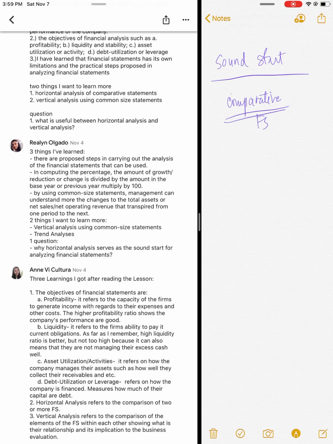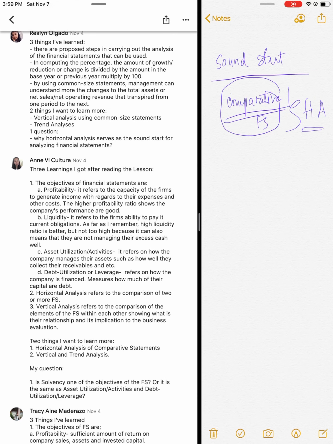Kung saan, since comparative nga yung pinag-uusapan natin, merong pwedeng pagkumparahin. At yung comparative FS na yun ina-analyze natin horizontally. Kaya, let me just clarify that. Ang sound start na tinutukoy dito is yung comparative financial statements. At dahil comparative yan, kaya mong gumawa ng horizontal analysis because hindi lang single period ang pinag-uusapan.